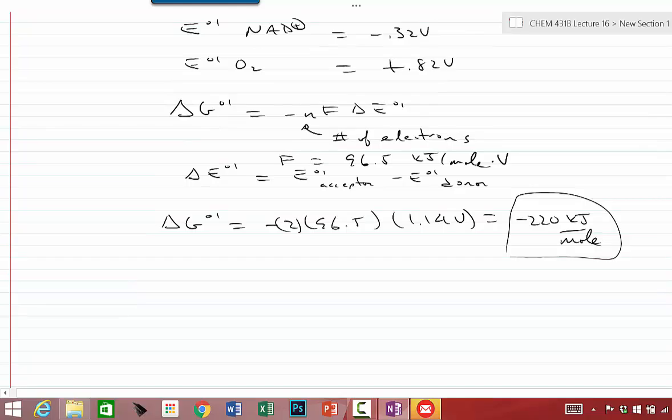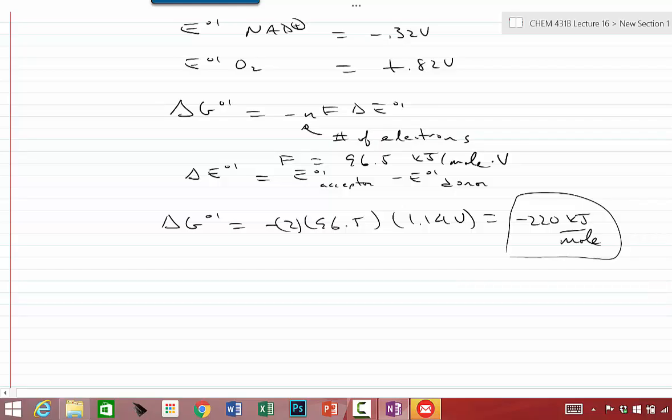Now, does anybody remember the number of moles of ATP we create for every mole of NADH that's oxidized? Anybody remember that? I went over it last time. Number of moles of ATP created for every mole of NADH which is oxidized.